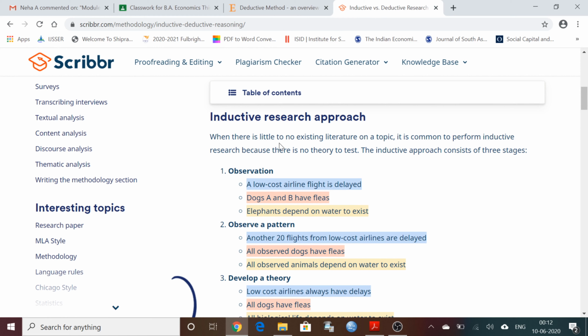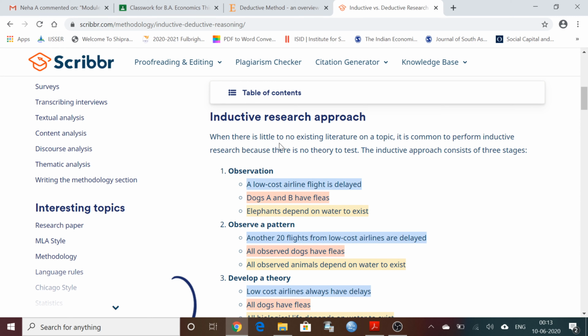If your research problem is having no existing literature, then you can go for inductive kind of research. After that, you can evolve theories based on the inductive research approach, and based on the deductive method also you can evolve theories. So here, what inductive research approach means: for example, observation is the first thing.